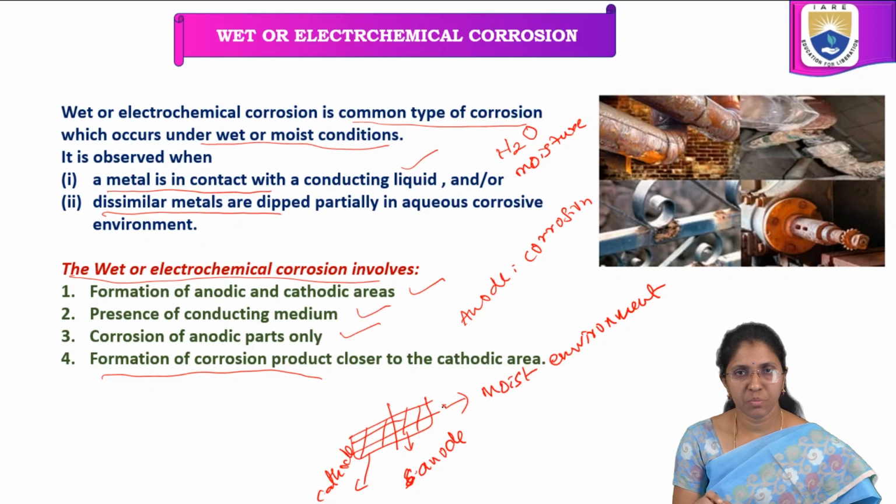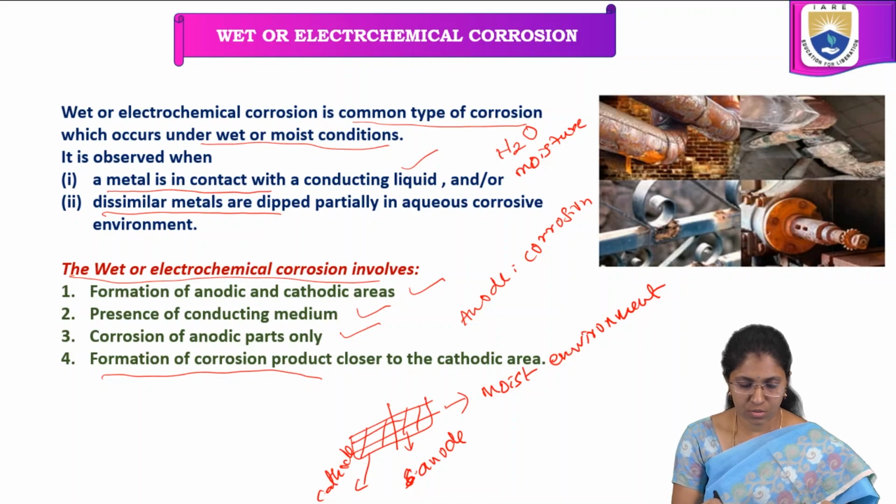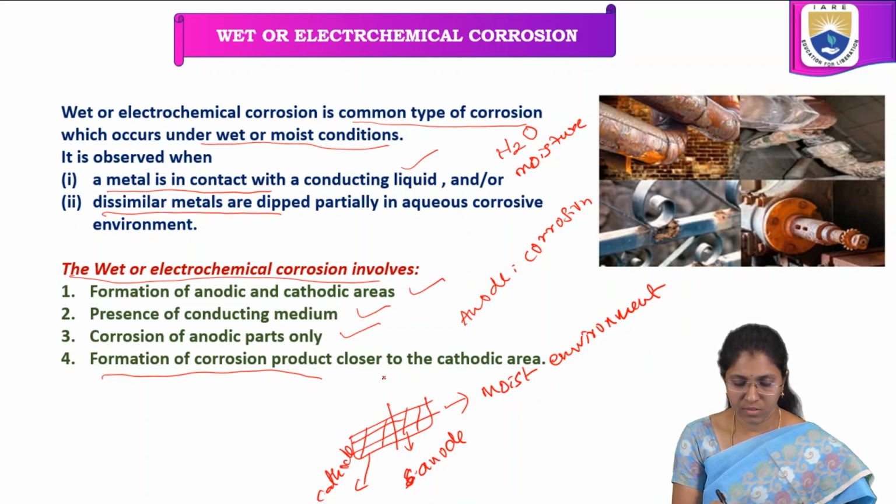So in one metal only, one part acts as cathode and the other acts as anode. Corrosion takes place at the anode, which means oxidation takes place and loss of metal occurs at the anode. The formation of corrosion product takes place at the cathodic area.